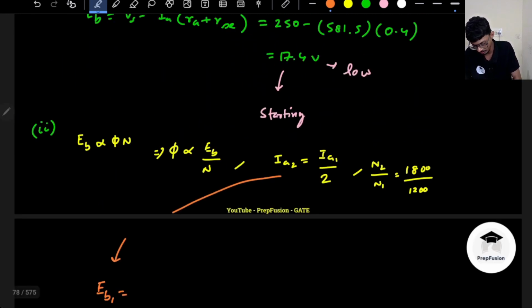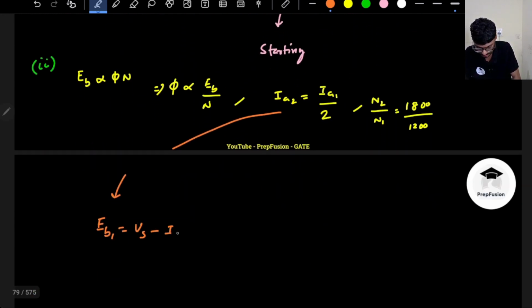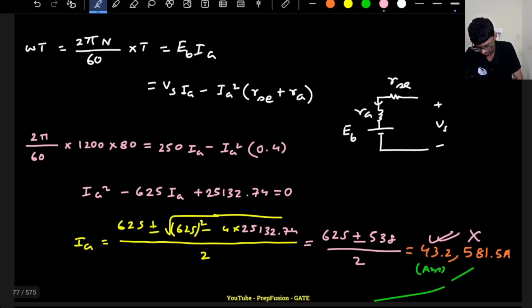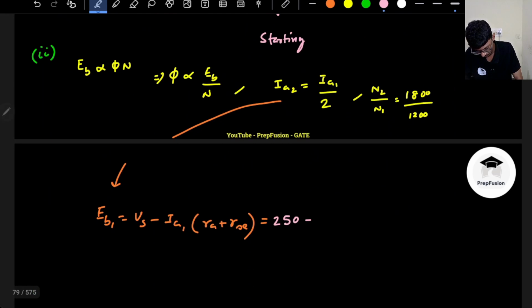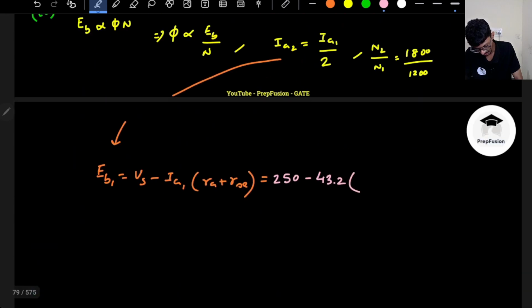So what is EB1? EB1, which we have not already computed, I will compute. It will be Vs minus Ia1 into (Ra plus Rac). Vs is 250 volts, minus Ia1, which is 43.2, into (Ra plus Rac), which is 0.4.